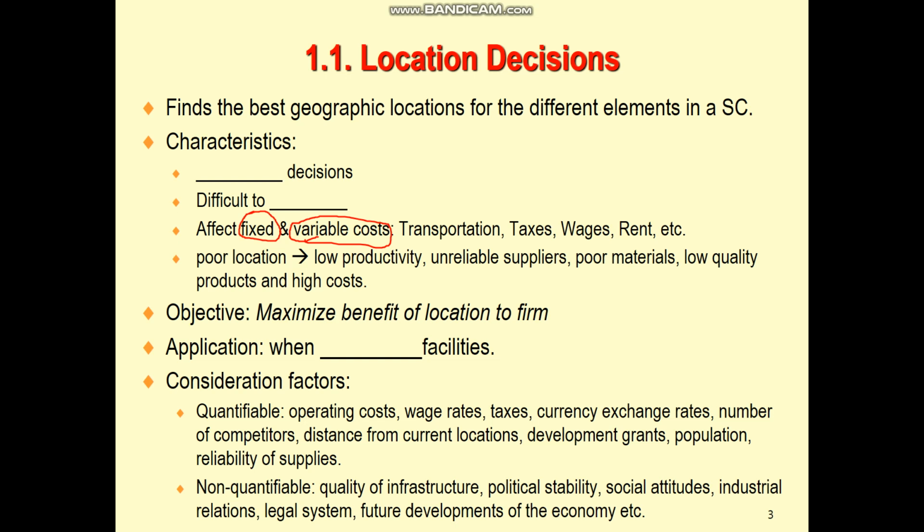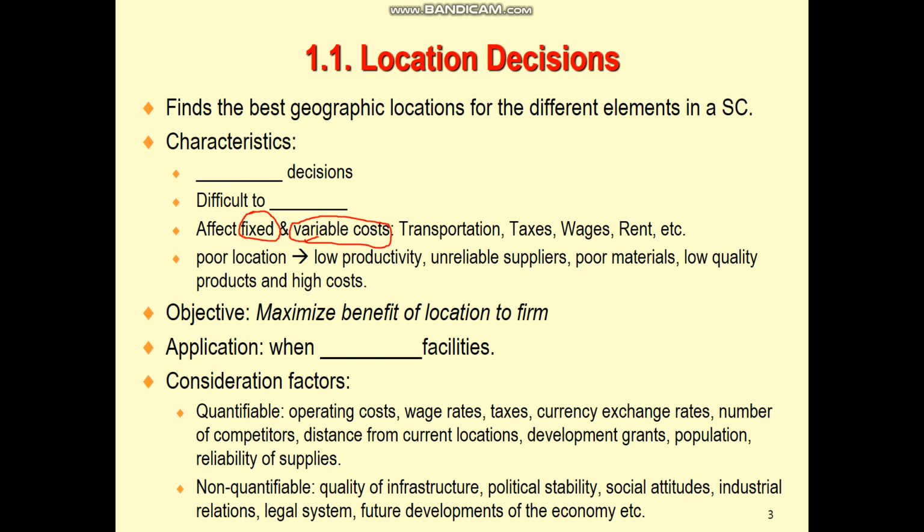For example, you locate your restaurant very far from the suppliers, so when you buy the food from the supplier and deliver it to your restaurant, the material is not fresh anymore, so you have poor material and you will have low quality products and high cost, of course.